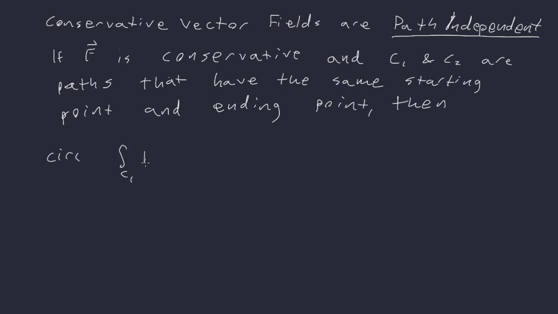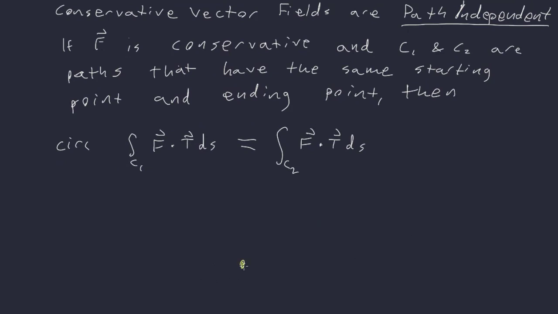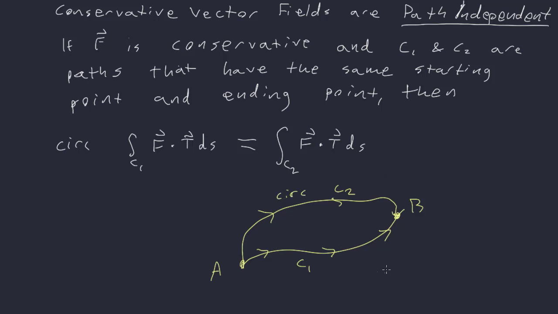So the line integral of f dot t ds over C1 will be the same as the circulation over C2. All right, so in other words, if we have a conservative vector field, and we have a path going from A to B, so this is C1, and a path C2 going from A to B, the circulation will be the same provided the field is conservative.